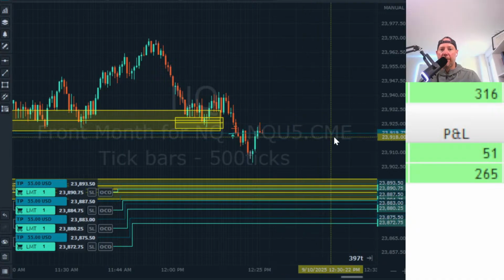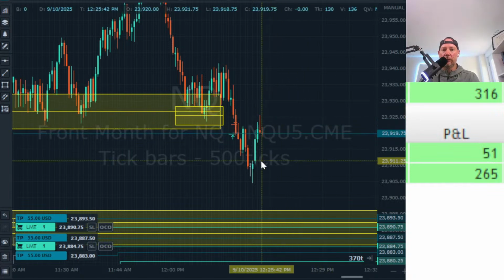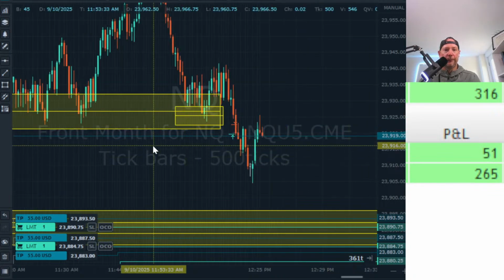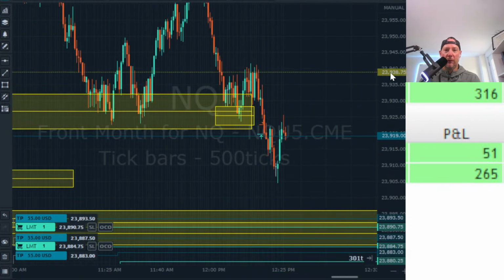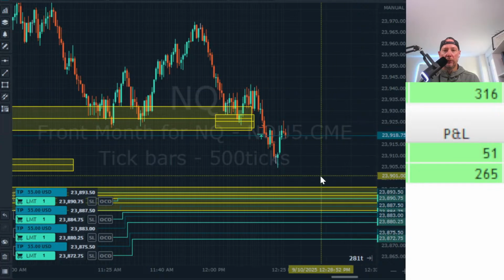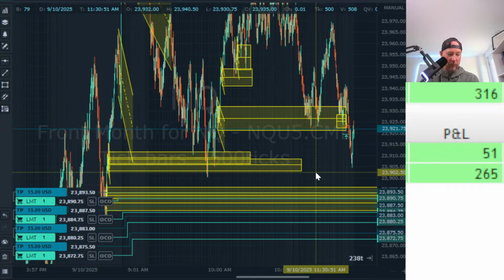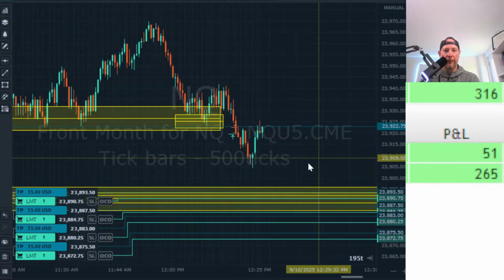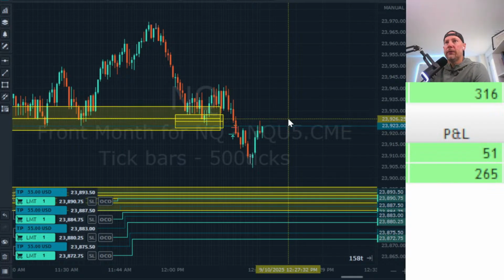All right, let's see. Okay, so we have one fold here. Let's wait for the second fold to unfold. Okay, let's see if we break out of this first fold. Ideally, I like to enter on the second fold.